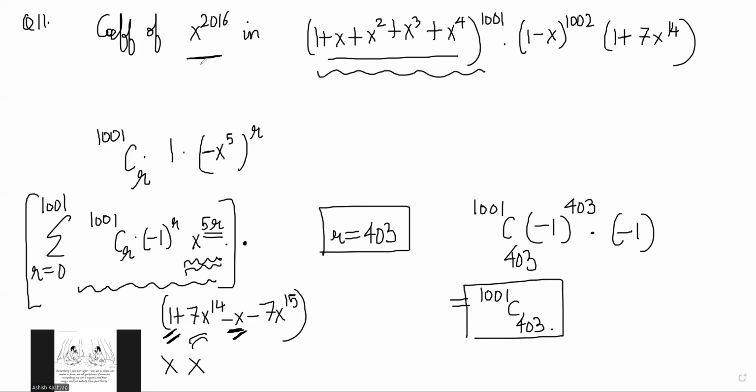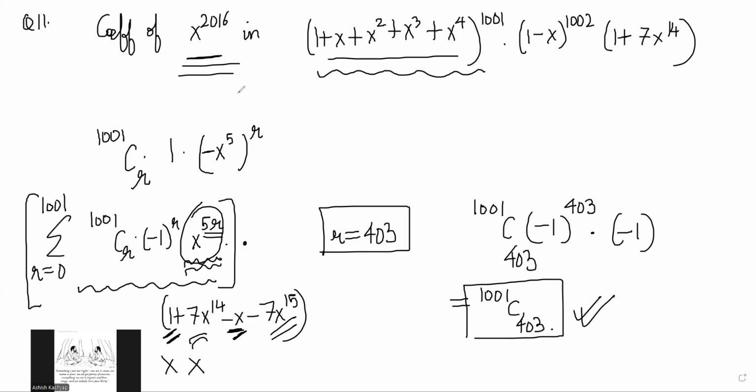That definitely will have power of 2016. Then again, if you subtract 15 from here, you get 2001, which is not possible from here. So this is going to be the only term that gives us x to the power 2016, and that becomes our answer, right?